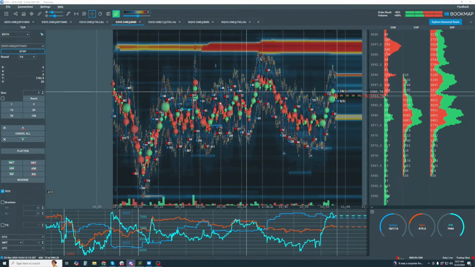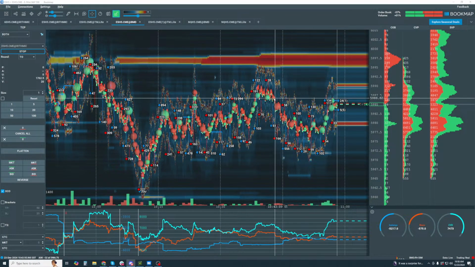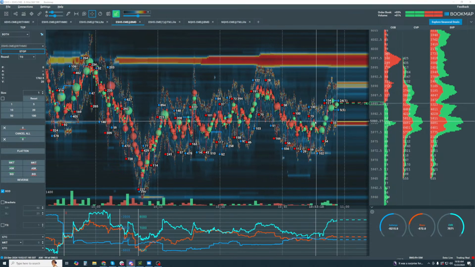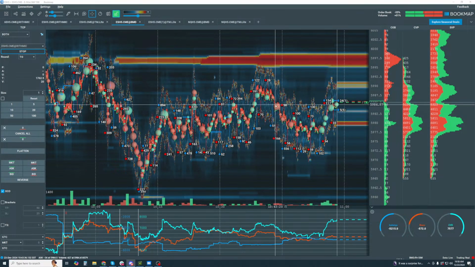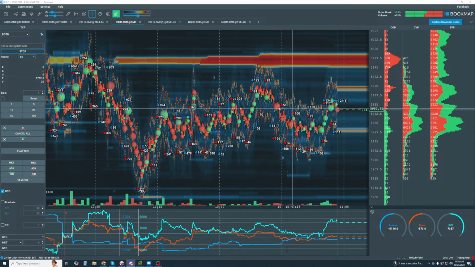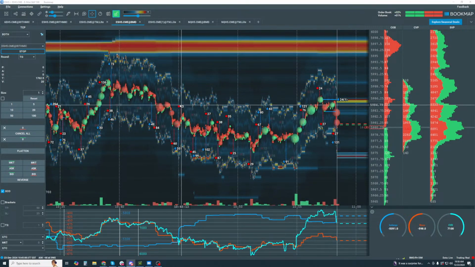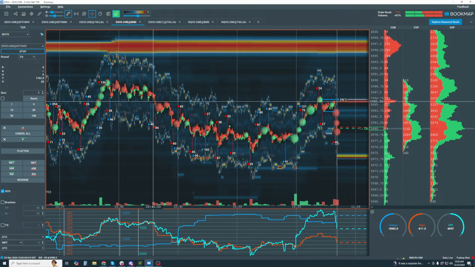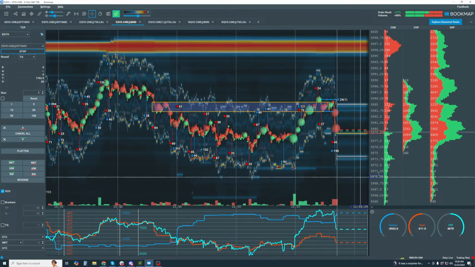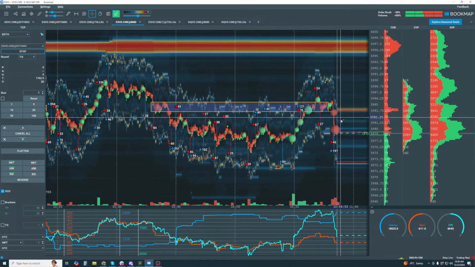All right, let's take a look at this ES here. Well, this is where the sellers came in right in here. Same ideas we're looking at in that NQ, and we're trading into it. I do not see high liquidity in here though. But it is trading into this zone here where it dropped from. This is where the sellers took control. Now they're coming back in. Okay, this is looking better to break now.